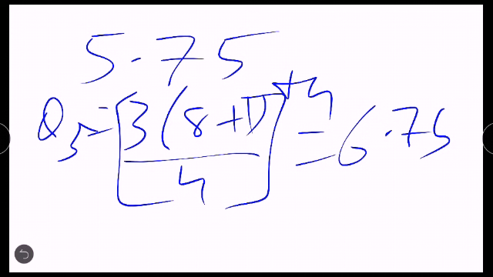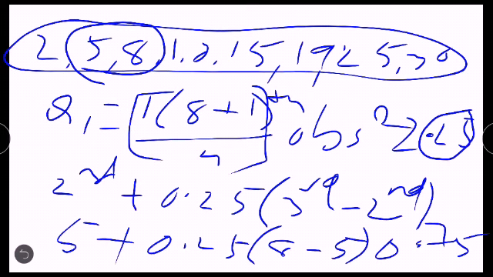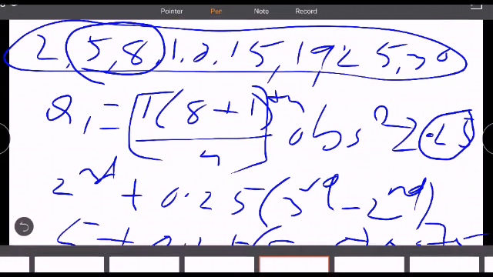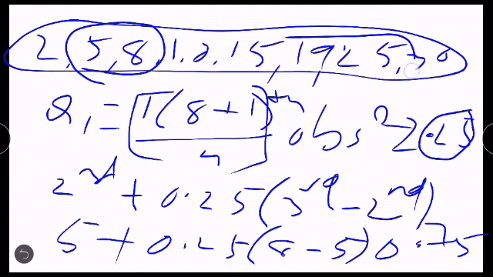That is our answer: the Q3 value lies in between the 6th and 7th observation. So 1, 2, 3, 4, 5, 6, 7, in between these two values Q3 is lying, that is 19 and 25.